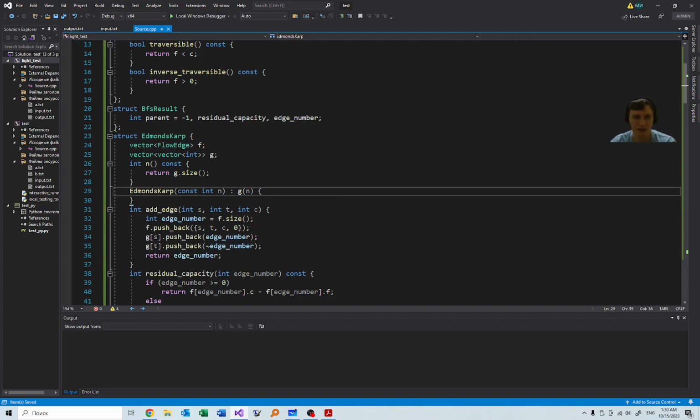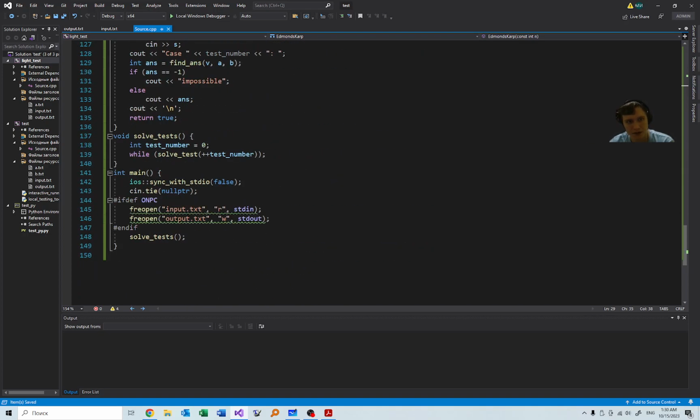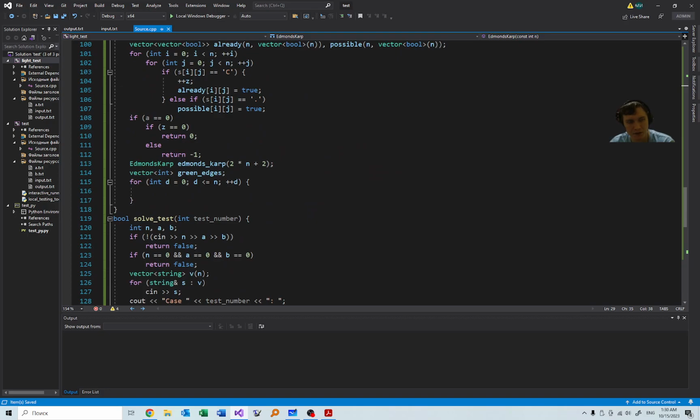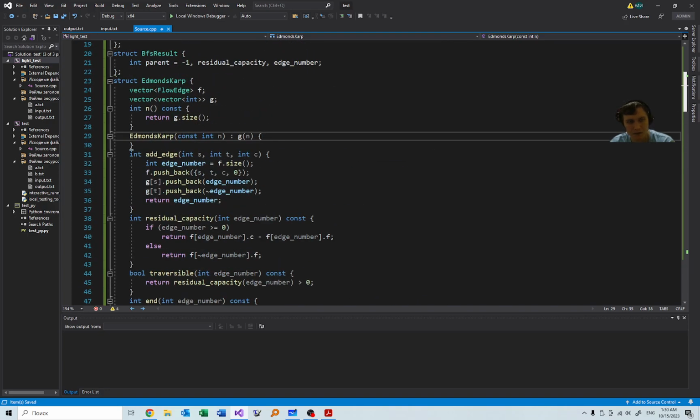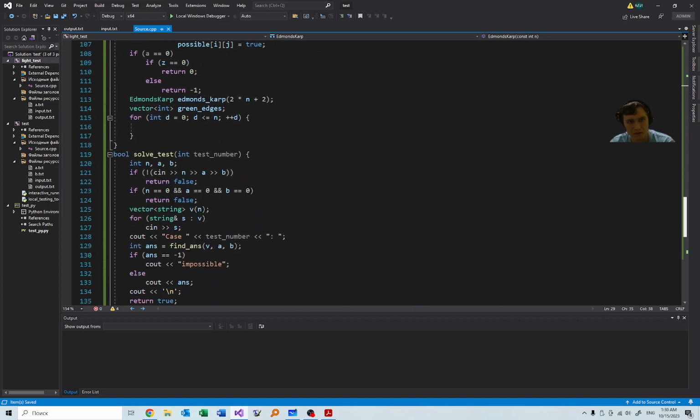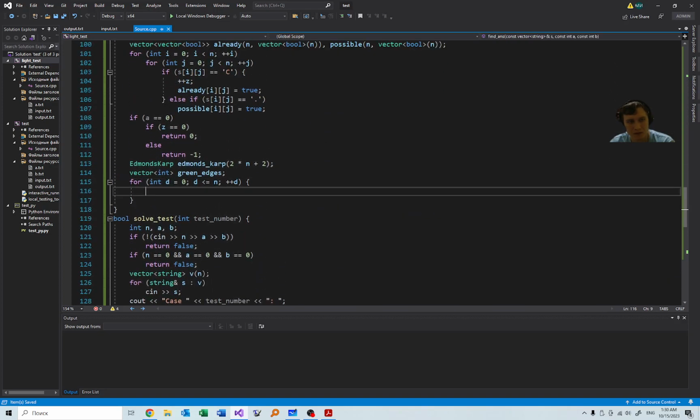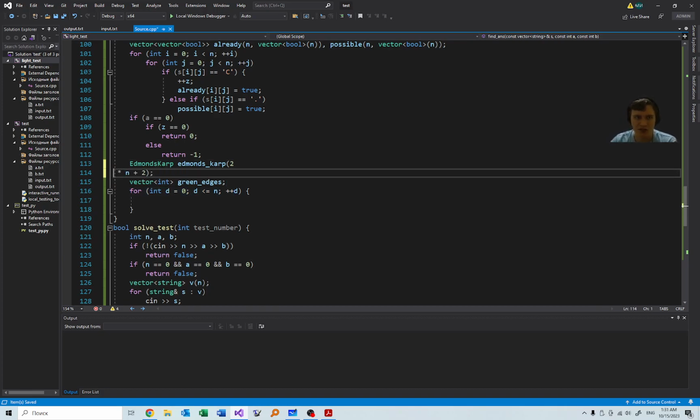We can do it like this. Great. So here we construct this graph.